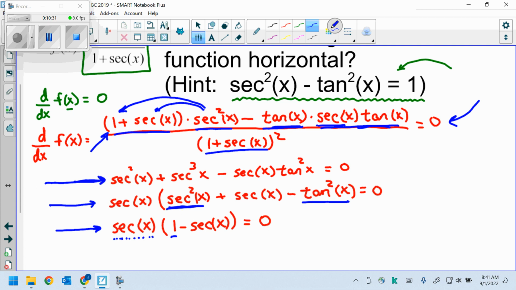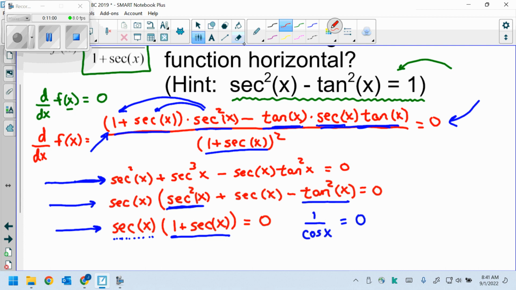When is 1 over the cosine of x equal to 0? Well, never, because the numerator is always 1. So then when is 1 minus secant? Oops. It should be 1 plus, sorry about that. 1 plus secant.